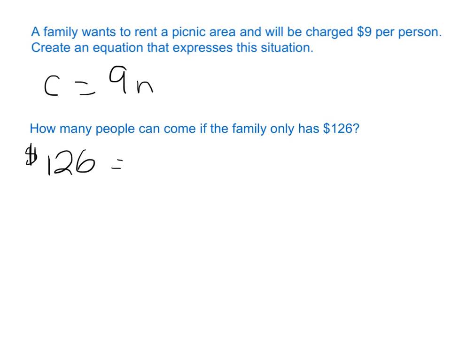$126 equals 9n. Now, this could be guess and check work, but the thing that I'm going to suggest is, as we look at it, we want to be able to single out this variable right here. How do we get that variable alone?